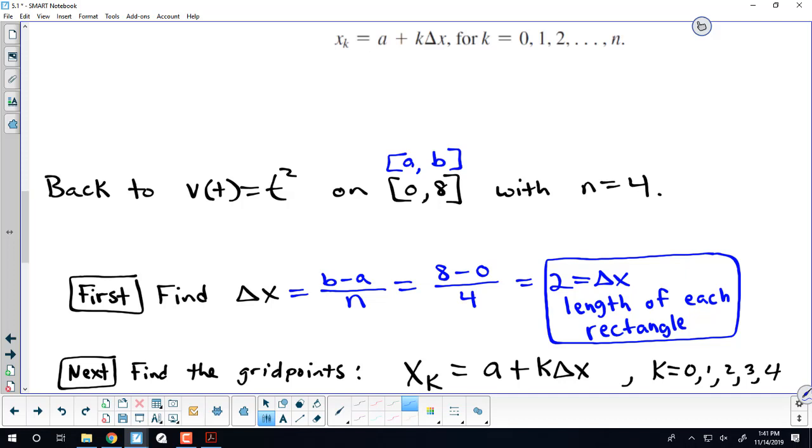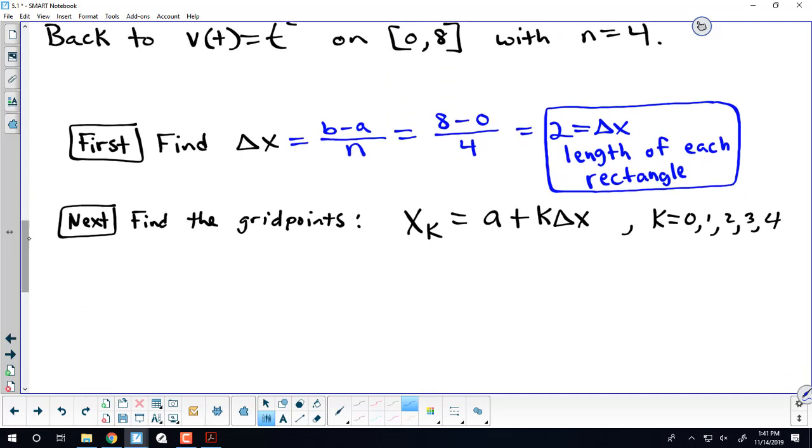The next thing we can do is find the grid points, which were defined as x sub k. Notice there's an x sub k and an x star sub k, so there are 2 different x's with subscripts. The x sub k by itself is the endpoints of each rectangle. The x star is the x value in that rectangle we use to determine the height. We find the endpoints of each rectangle as a plus k times delta x, where k ranges from 0 to n, but ours ranges from 0 to 4 because our n is 4.